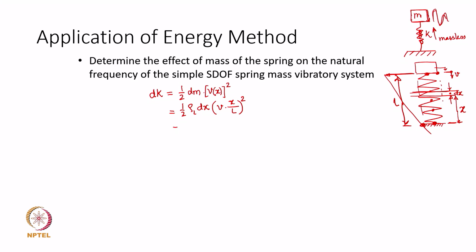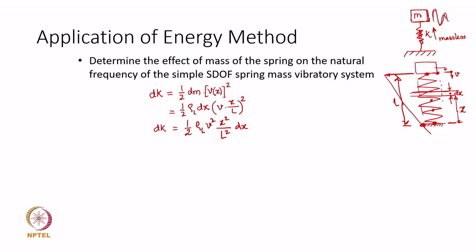So, the kinetic energy of this differential element is going to be half of rho L V squared x squared by L squared dx.